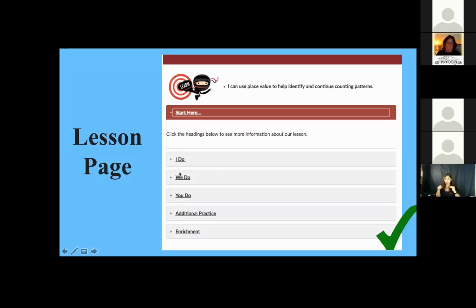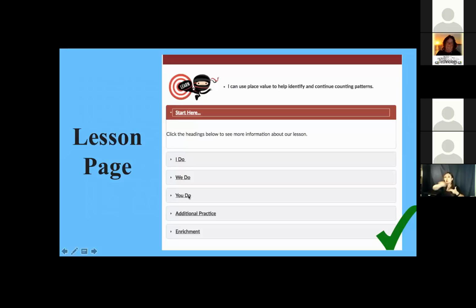And at each of these tabs, there was information and resources for the lesson. She taught the lesson on the I do, and then she reinforced the learning on the we do, and then she added, okay, now you do it.